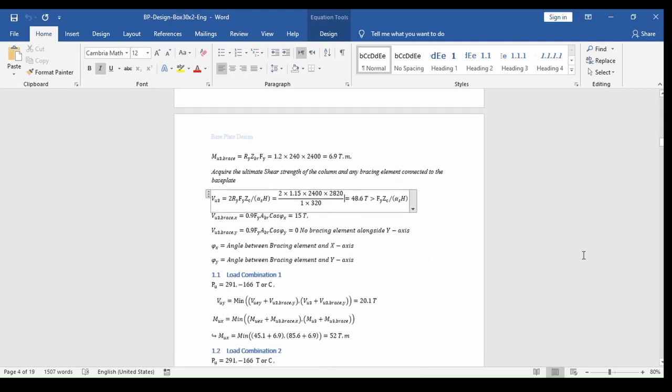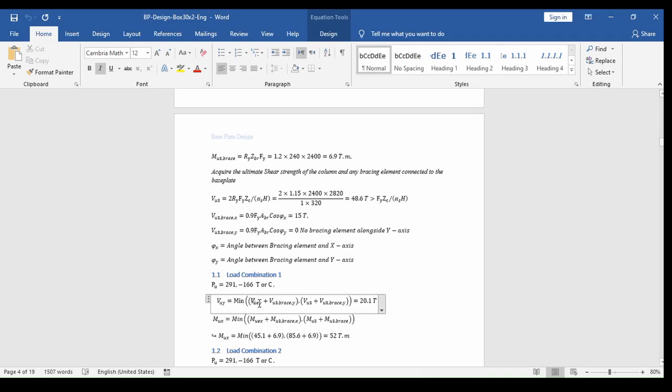In the next part, we obtain load combination 1. PU is 291 compression force or 166 tensile force. VUX is the minimum of these two terms. The first term is shear force due to overstrength seismic load plus the horizontal component of axial strength of the brace.